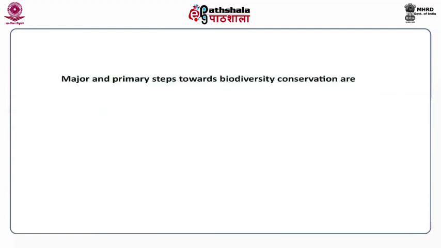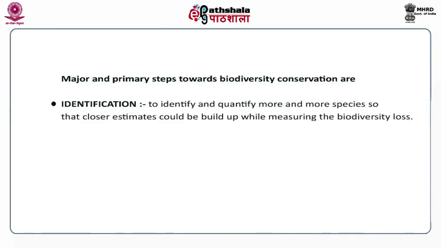Major and primary steps toward biodiversity conservation are identification, means to identify and quantify more and more species so that closer estimates could be built up while measuring the biodiversity loss.